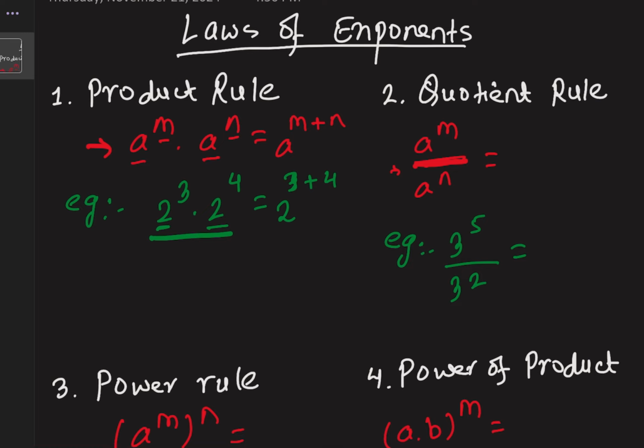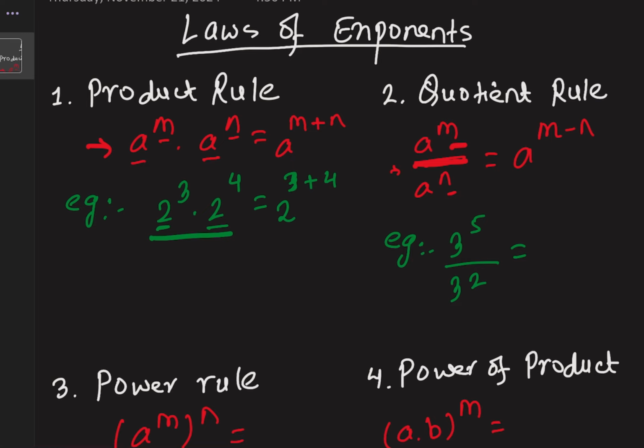They have the same base, but we have the division sign. What we can do in this case is subtract the exponent in the denominator from the exponent in the numerator. The denominator has the power n, so we subtract it from the exponent of the numerator, that is a to the power m minus n.